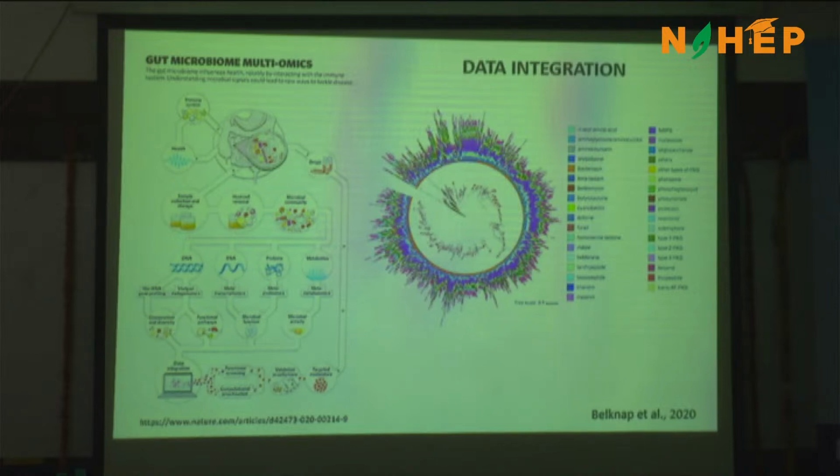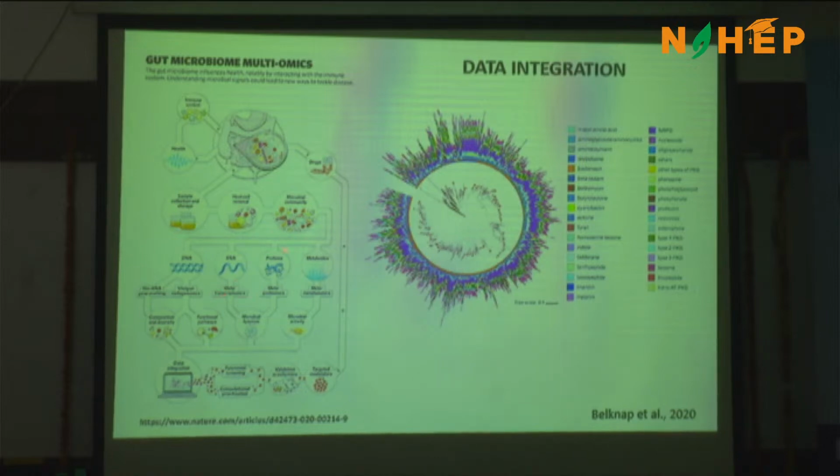This is one of my last slides before the example. What I wanted to emphasize with this last slide is that when we do microbiome data analysis, we need to take into account not only sequencing data if we want to draw conclusions.